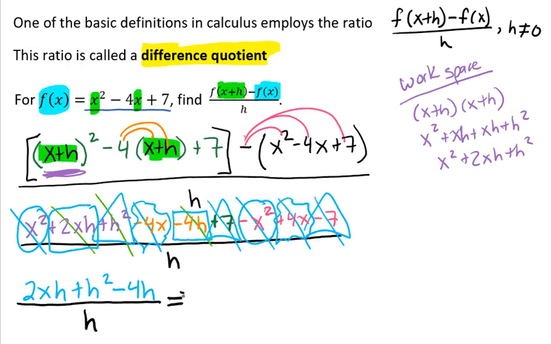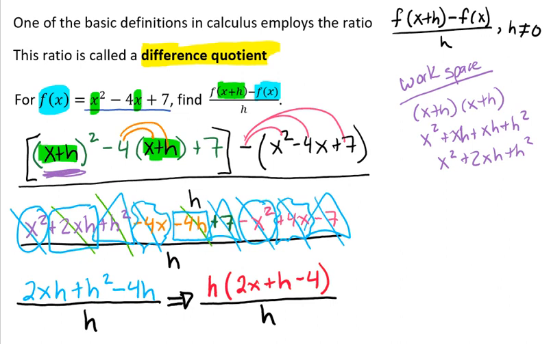Now let's rewrite that. It doesn't have to be in any real type of form, but it might be nice. If we look at it, what do all three of those have in common? They have an h in common. So let's take out the h. That's going to give us 2x plus h minus 4, and that's all going to be over h.